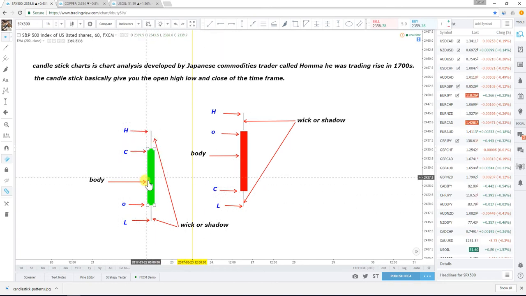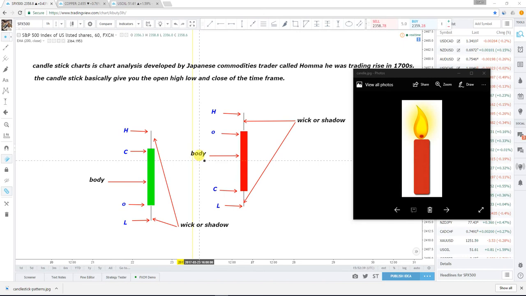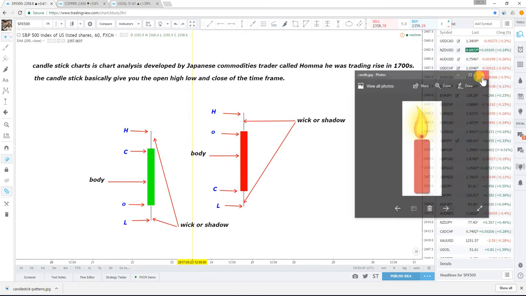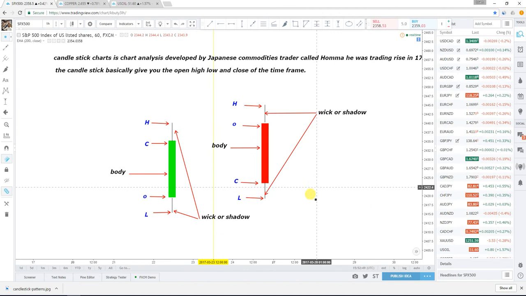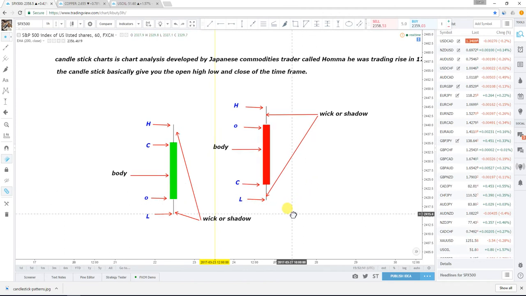And by the way, the origin of this name is coming from the basic candle that we use at home. I will show you a picture. This is the picture guys, and it's identical to this one because it has the same body and it has the wick, which is this one. So I will start from over, as I said guys.